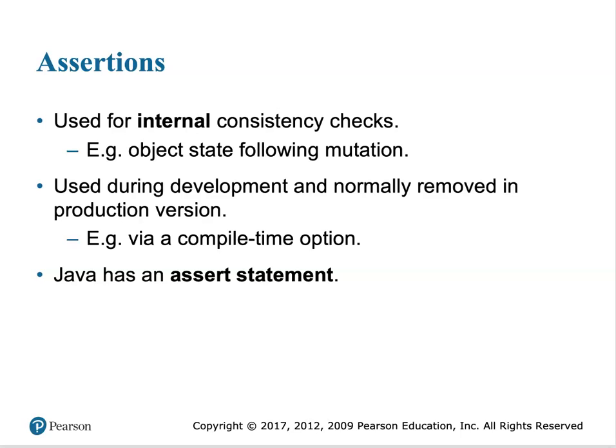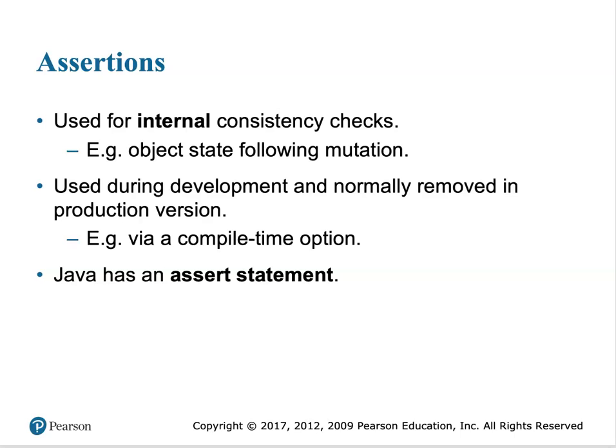And if the word assert is drawing some memories, it probably is taking you back to chapter 9 with unit testing, because JUnit uses asserts extensively. Assertions are for developers, not for runtime. And assertions are best for checking internal consistency.